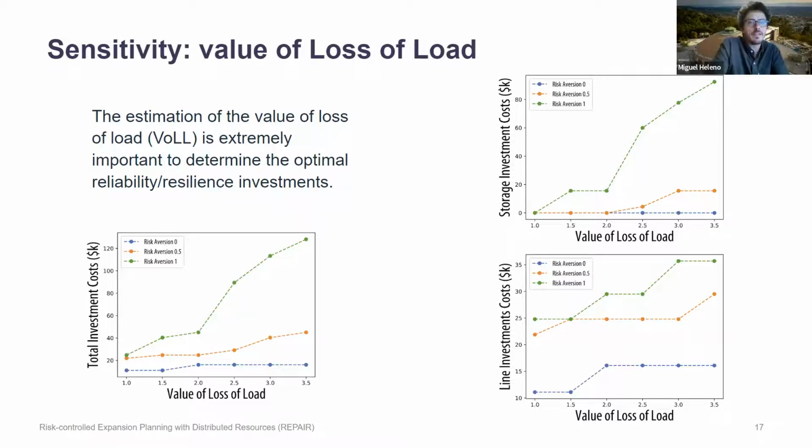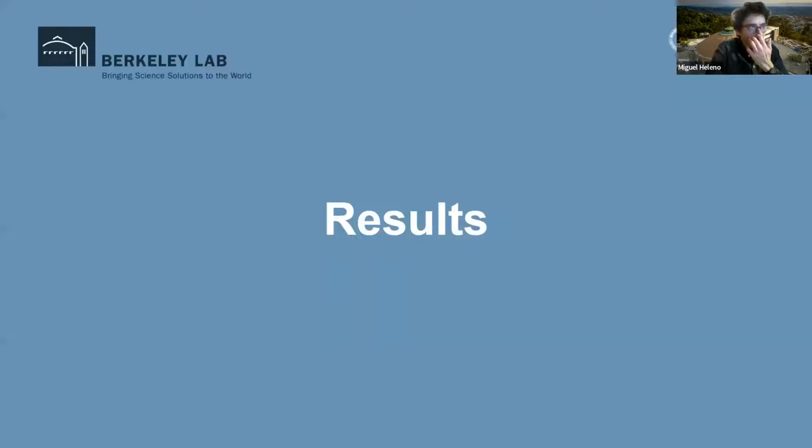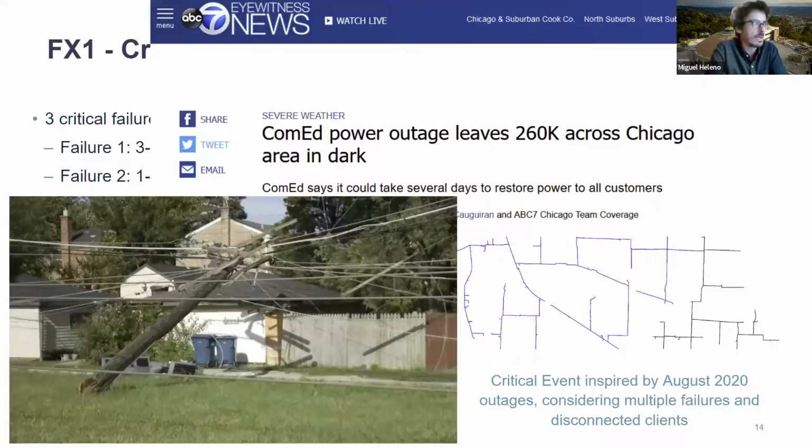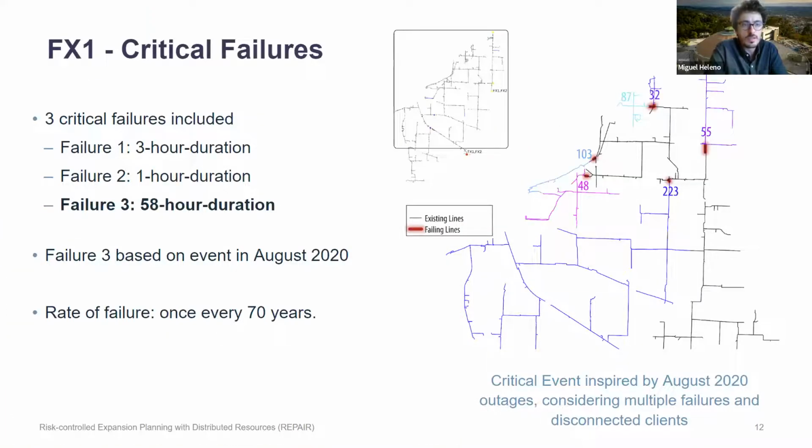Yeah, I think this was already kind of answered. It's one of the reasons we did this example with ComEd, because you could model other risks or other outage scenarios.